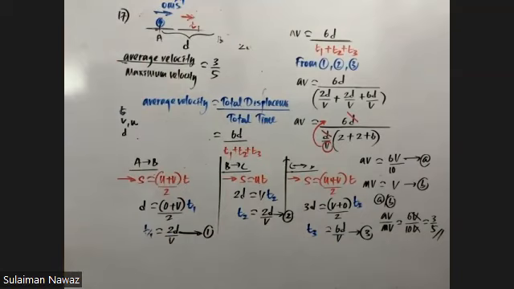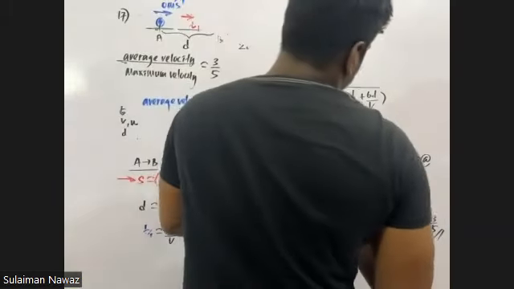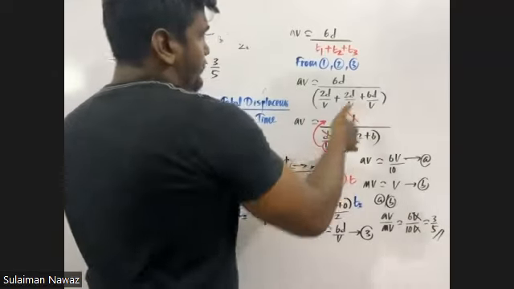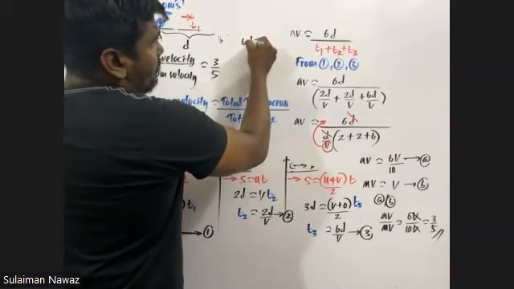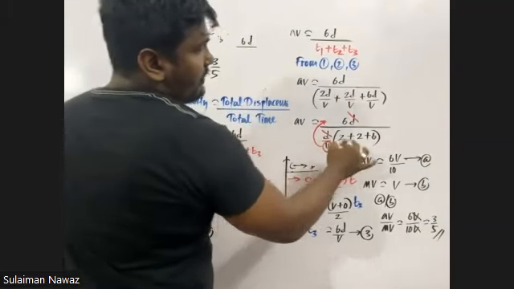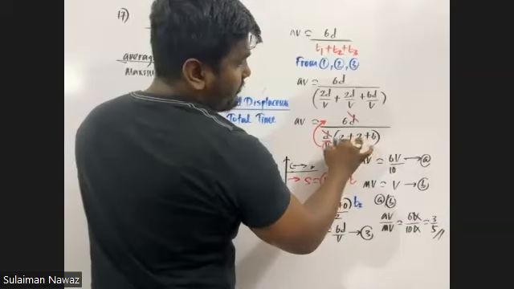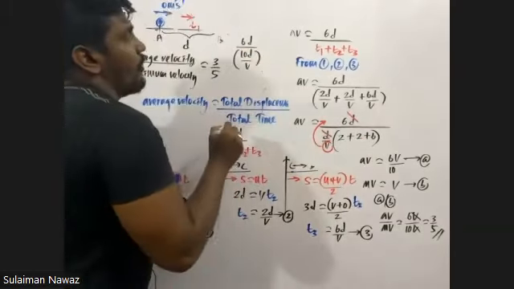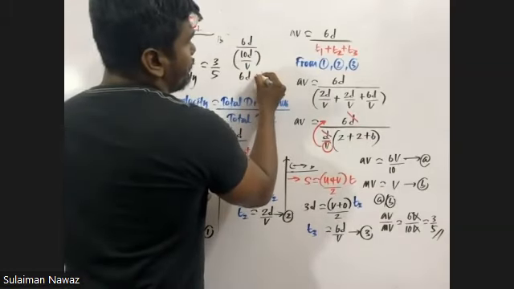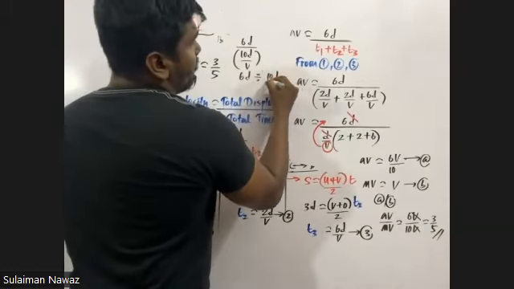How did I get that 10? 10 means what? 2 plus 2 plus 6. 8 plus 2, 10. Now, any problem regarding this simplification? It's easy, right? This is 6d over, here 6 plus 2 plus 2 means 10. 10d over v. 6d divided by 10d over v.